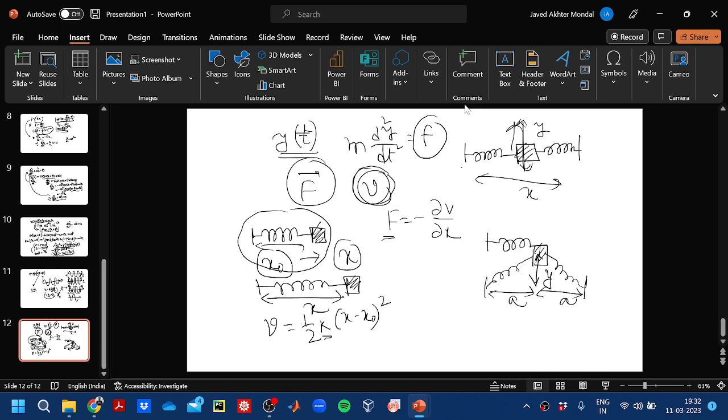Similarly, we have to find by how much amount both the springs have expanded. So what will be the expansion? Initially its natural length is a0, and now this is a and this is y, so the length will be root under a square plus y square.